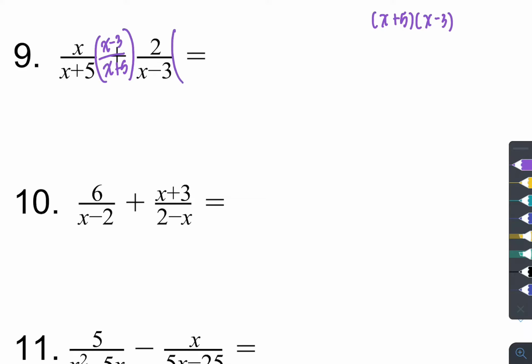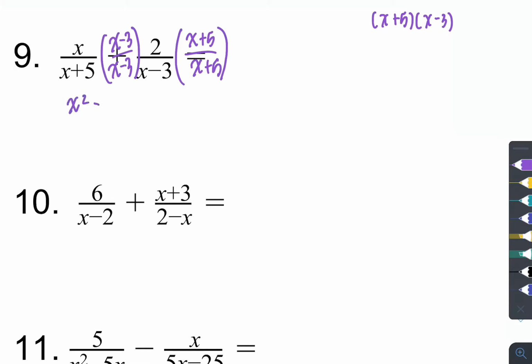Oh wait, I didn't do that right. I'm sorry. We're going to do this over x minus 3 over x minus 3, so that's equal to 1. And this one will multiply by the other one, so it's x plus 5 over x plus 5. And then multiply straight across. So we are multiplying by each opposite denominator.